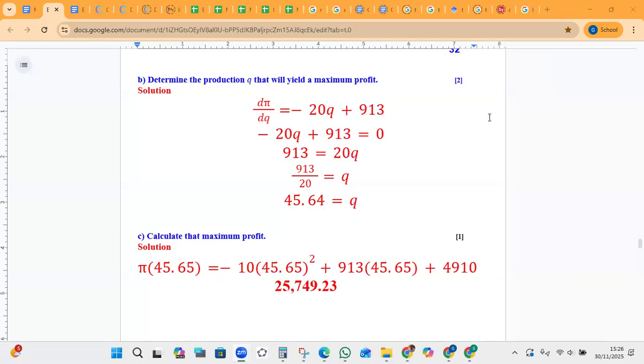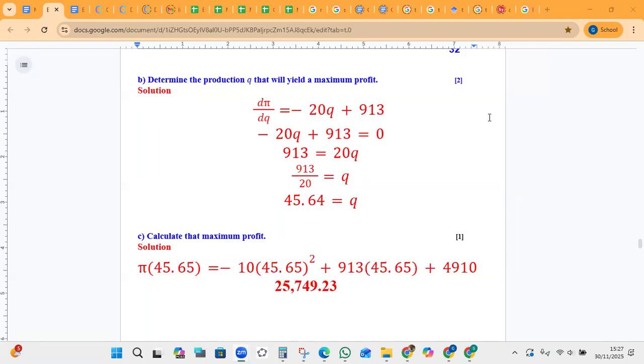Now part D says to determine the production q that will yield a maximum profit. So we have to use the marginal profit function. Remember, to maximize any function, we have to differentiate, equate the differential to 0, solve for the variable, and then substitute that solution into the original function.